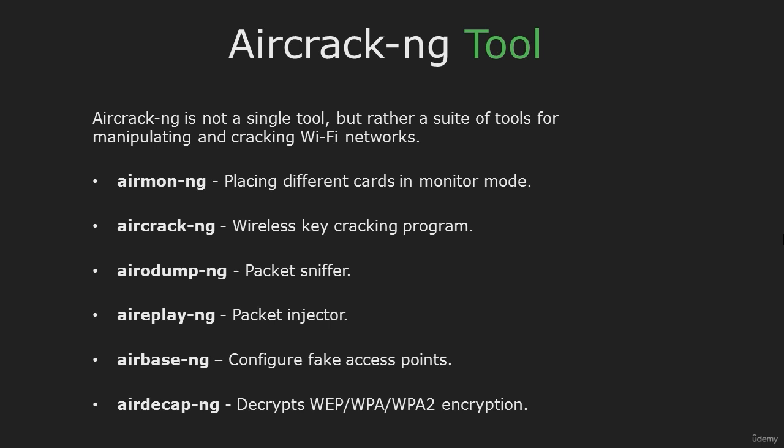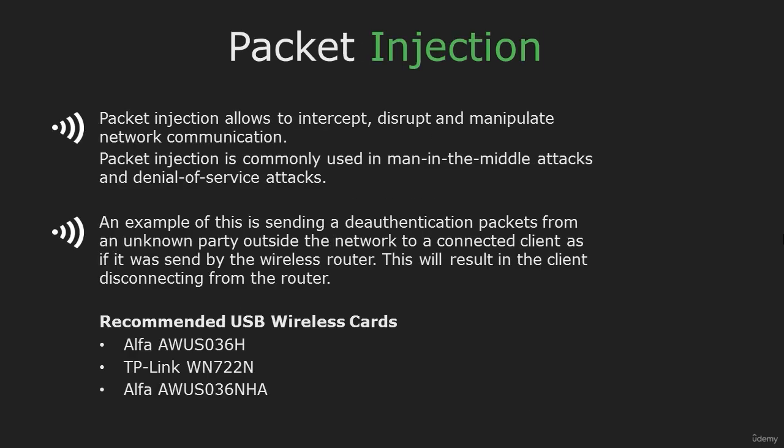Now let's see what is packet injection. Packet injection allows to intercept and manipulate network communication. A good example is sending deauth packets to a network client and disconnecting him from the router. To really be effective at wireless hacking, you need a wireless adapter that is capable of packet injection and monitor mode.